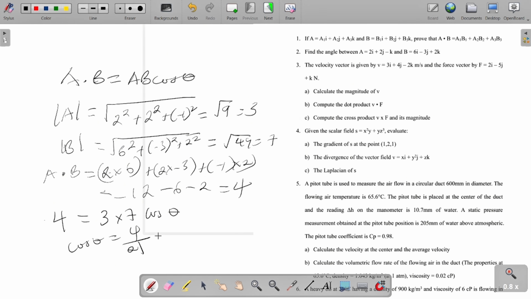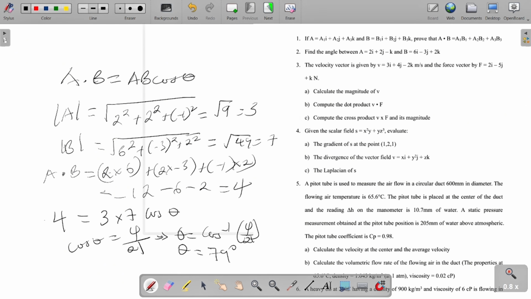Then I can calculate my theta. So theta will be equal to the cos inverse of 4 over 21. That gives me a theta of 79 degrees. So this is the angle between the two vectors.